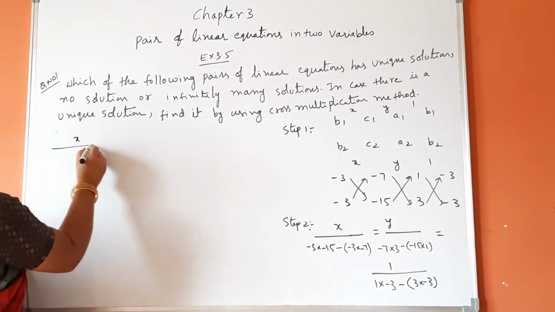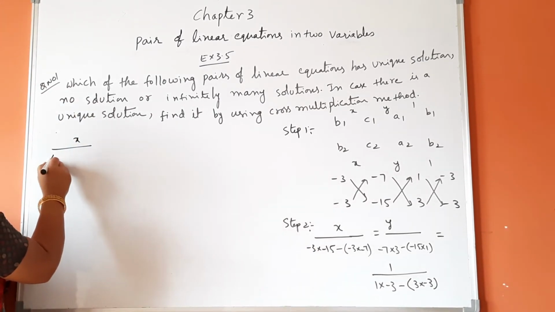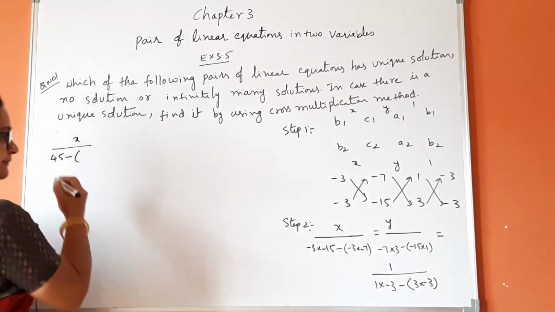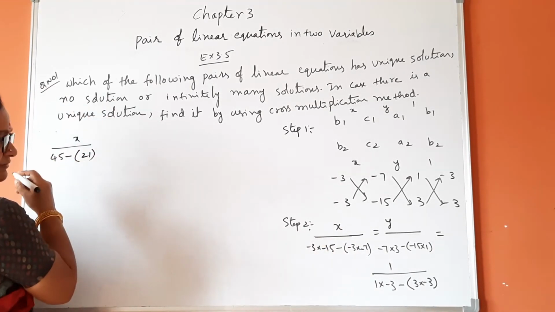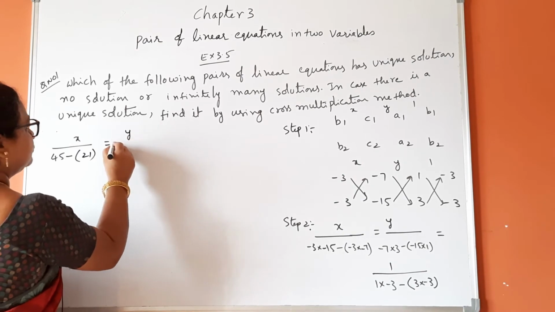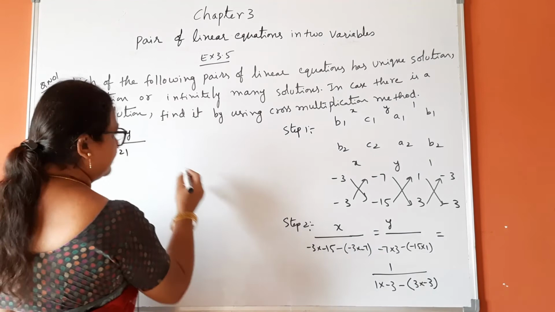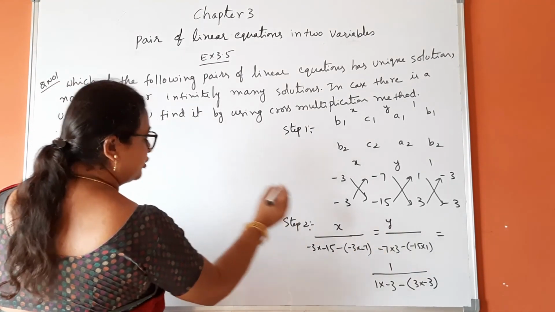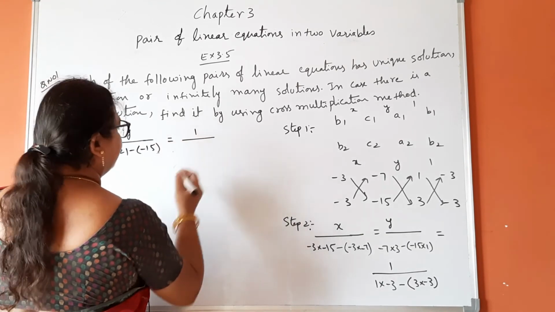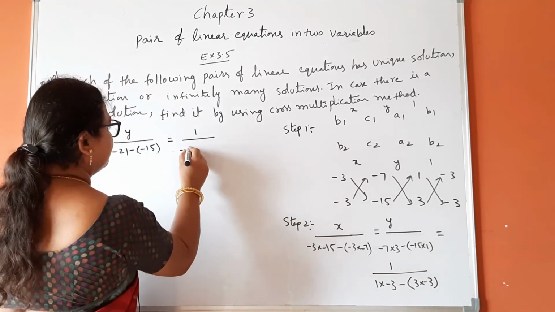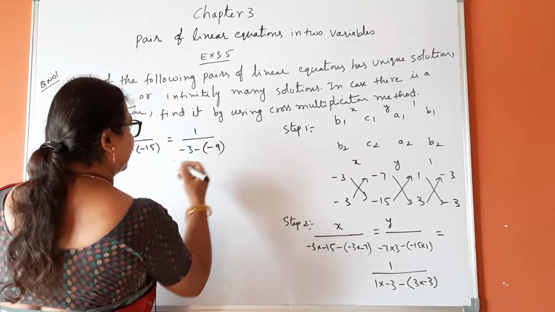So x by minus 3 into minus 15, minus of minus plus 45, minus 3 into minus 7, plus 21, is equal to y by minus 7 into 3, minus 21, minus 15 into 1, minus 15, is equal to 1 by 1 into minus 3, minus 3 into minus 3, minus 9.